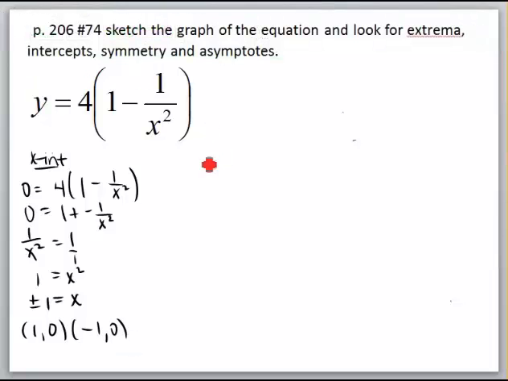The next thing I want to look for is the y-intercepts. So the y-intercepts where it crosses the y-axis. So we'll plug in 0 for the x. When I do that, notice how I end up with an undefined value here.